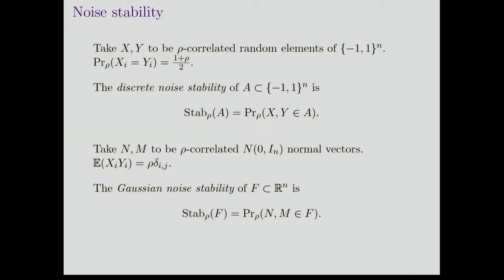So the covariance between xi and yi is exactly rho. Then the Gaussian noise stability is just the probability that when you look at these two correlated random Gaussian vectors n and m, they both land at the set F, and that's the stability of the set F. So you can see that these two notions are very, very closely related to each other.